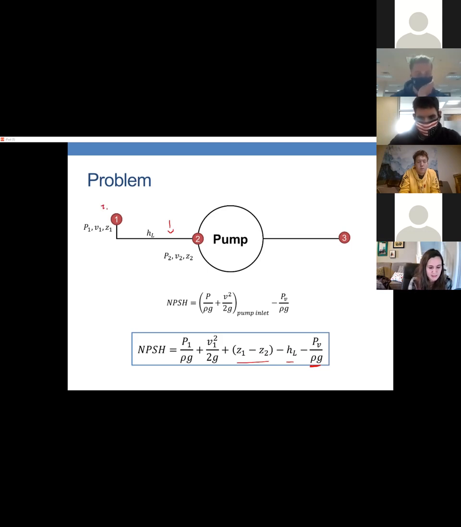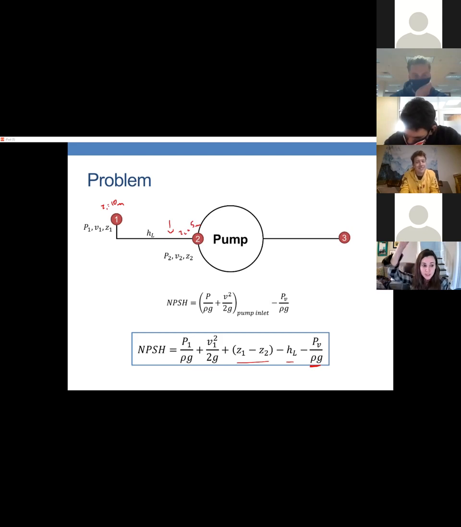Because let's say Z1 was 10 meters and Z2 was 5 meters. If we're going down, Z1 minus Z2 is 10 minus 5, which is positive 5. So does a positive Z1 minus Z2 make cavitation more likely or less likely? Less likely.